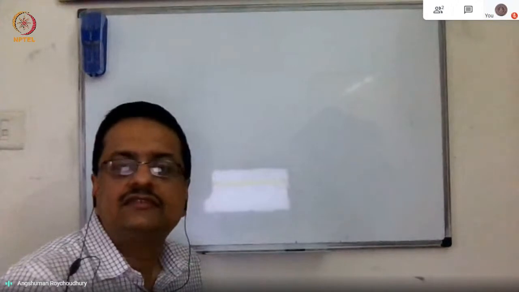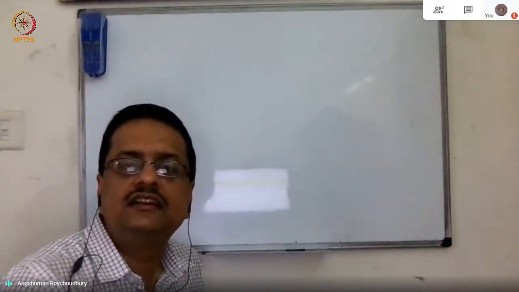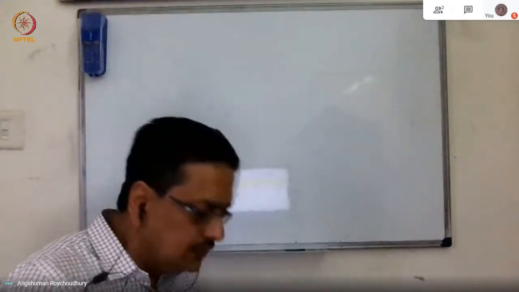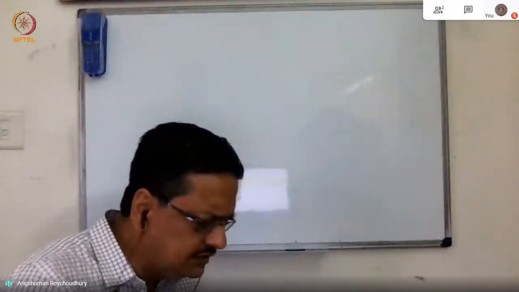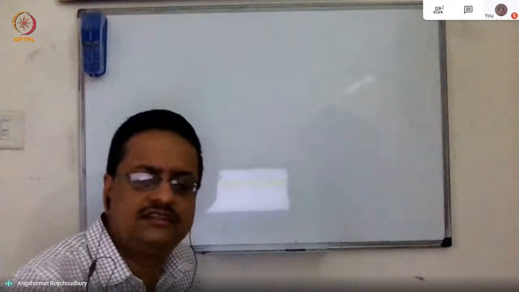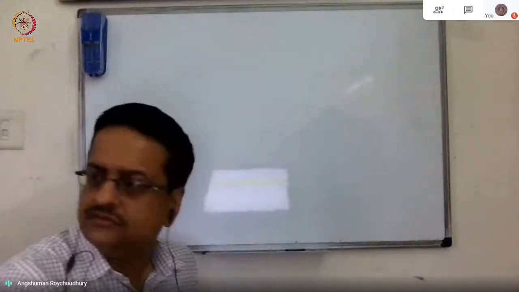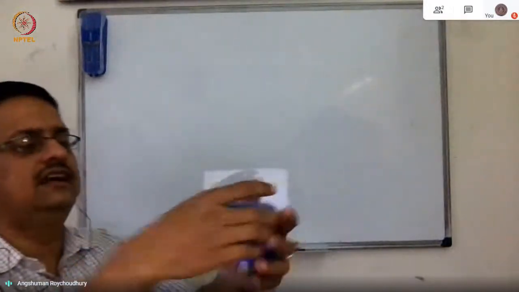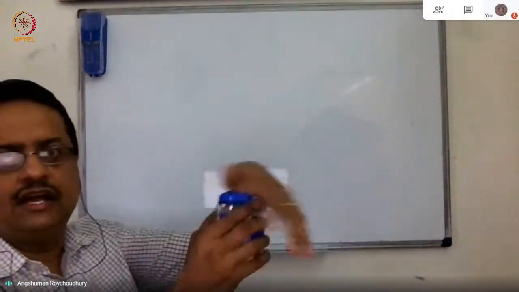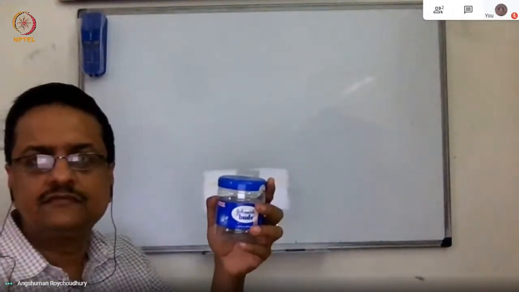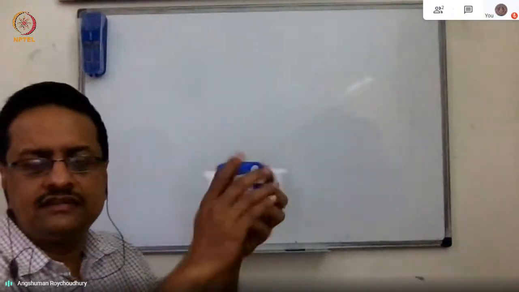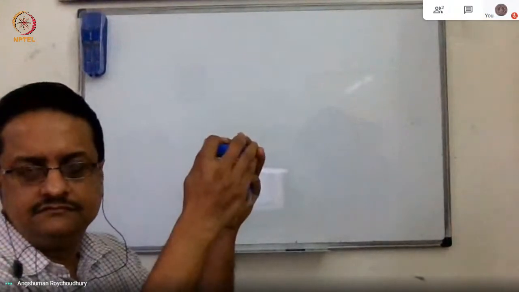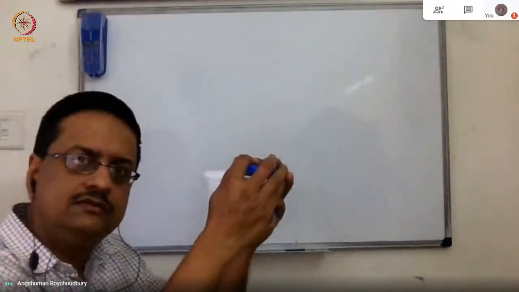Okay, so the next question that I can see here: what is the relationship between resolution and d values? This can be explained in a simple way. Suppose I want to know what is inside this box. I have a box in front of me and I don't know how to see what is inside. What are you going to do?